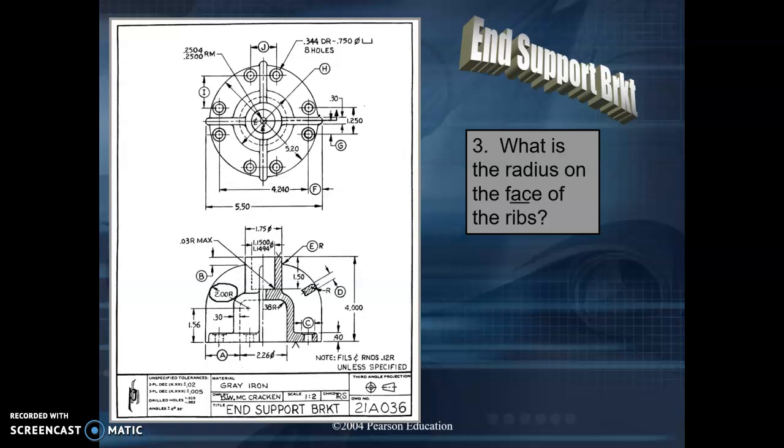Instead, what this question is asking about is the rib itself has a thickness of 0.30. And I guess the assumption that we're kind of making is that it's rounded off, and that rounded end, this radius right here, is equal to half the thickness of that rib. So 0.30 divided by 2 gives us a radius of 0.15.